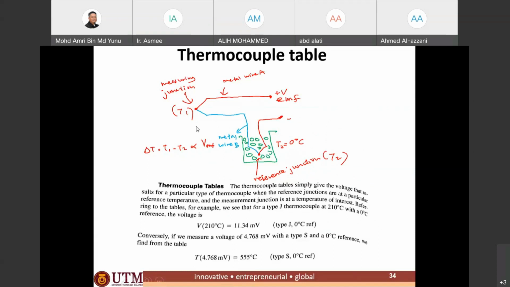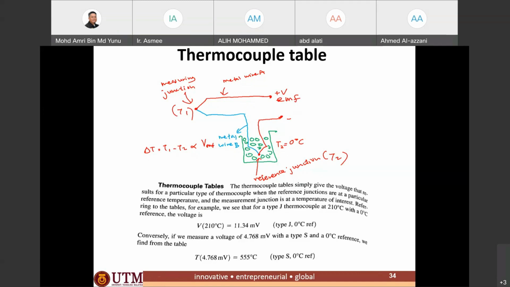Remember that for a thermocouple, the voltage that is induced at the terminal is proportional to the temperature difference between the measuring junction and the reference junction. There is a standard table that comes with every type of thermocouple.